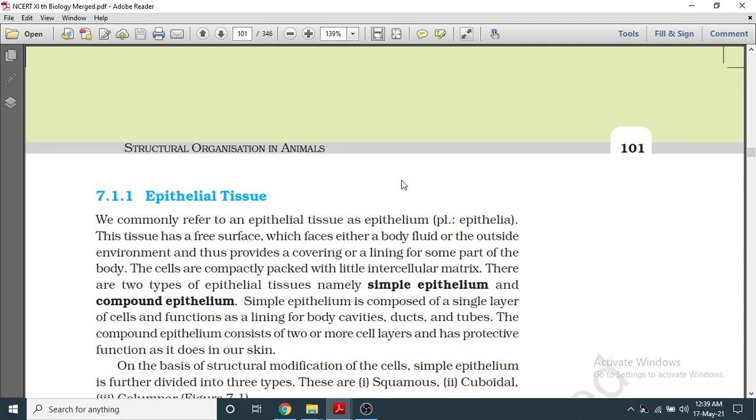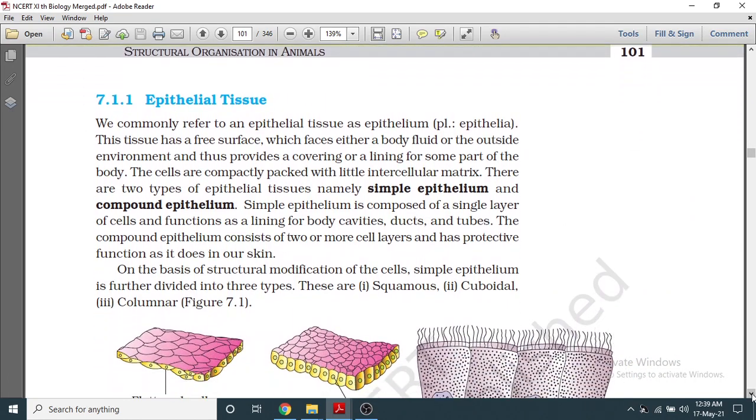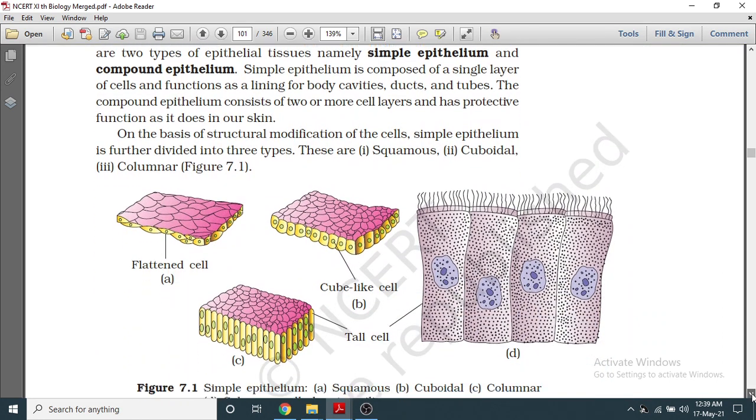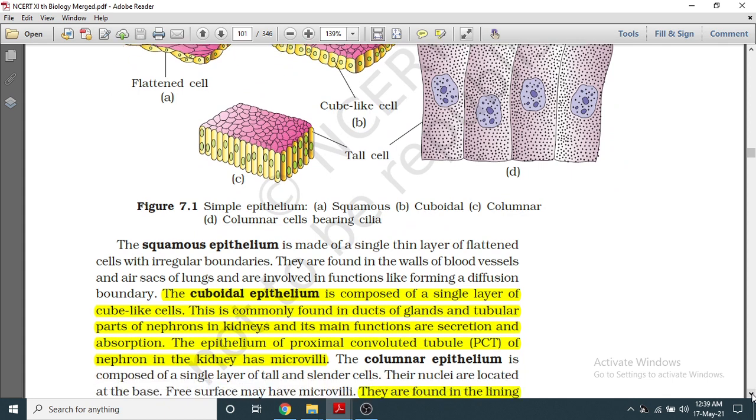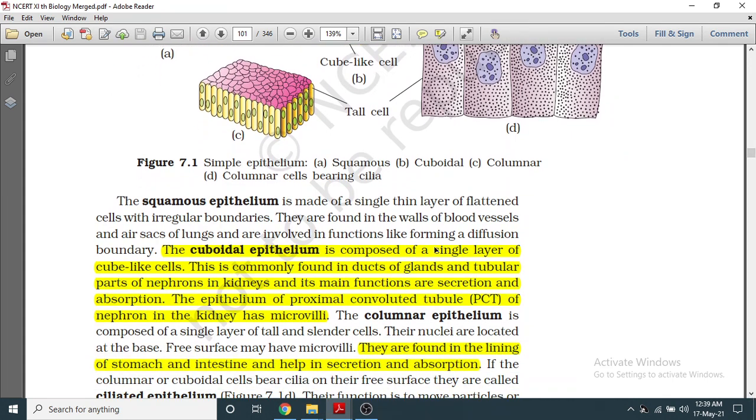Page 101. In epithelial tissues, simple epithelium, compound epithelium, now squamous epithelium. The cuboidal epithelium is composed of single layer of cube-like cells. This is commonly found in ducts of gland and tubular part of nephron in kidneys.